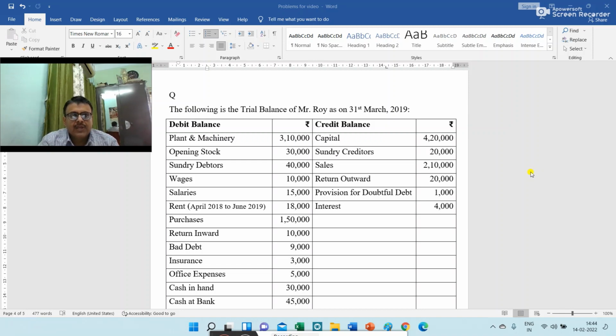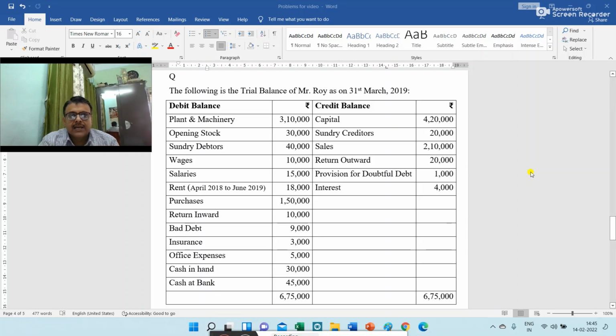On the debit side, we have plant and machinery 3,10,000, opening stock 30,000, sundry debtors 40,000, wages 10,000, salaries 15,000, rent paid from April 2018 to June 2019 18,000, purchases 1,50,000, return inward 10,000, bad debt 9,000, insurance 3,000, office expenses 5,000, cash in hand 30,000, cash at bank 45,000.